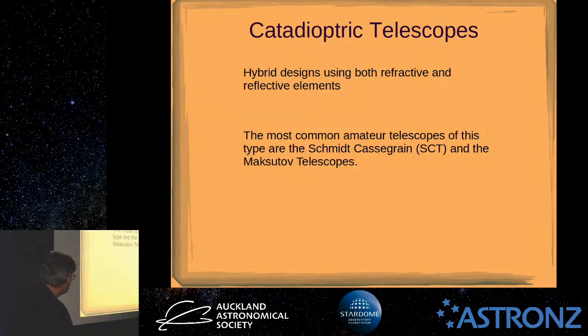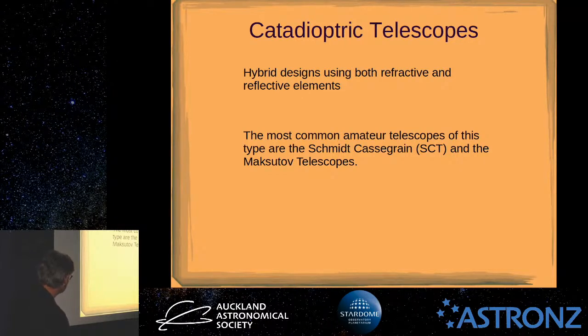Okay, we've got another kind of telescope which is basically a hybrid of the two sorts we've talked about, where we had the refracting telescopes, which were just using glass elements to focus the light, and the reflectors that have mirrors to focus the light.